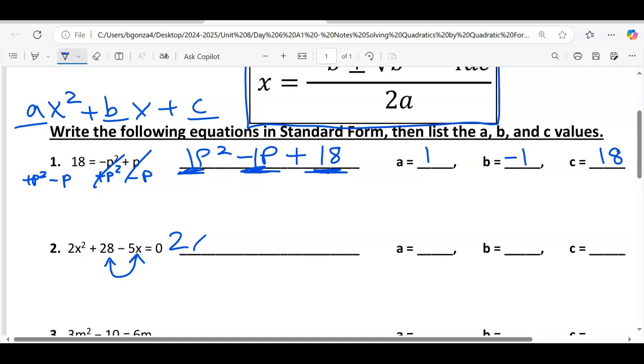The 2x squared should go first, but next should be minus 5x. And last should be that positive 28. Cool. So that's what it's supposed to be. And now we answer the question, what is A, B, and C? A is the first, B is the second, C is the third. So you got 2, negative 5, and 28. All right.